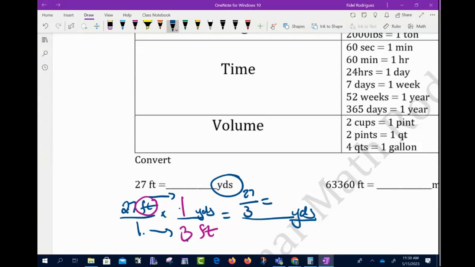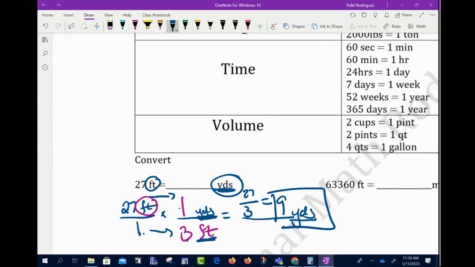Anybody got a calculator? Anybody know what 27 divided by 3 is? There's your answer. Is it going to work like that every time? Every single time it's going to work. Whatever units I want to end up with is the one I'm going to put on top. Whichever one I have here is the one I'm going to put on the bottom.